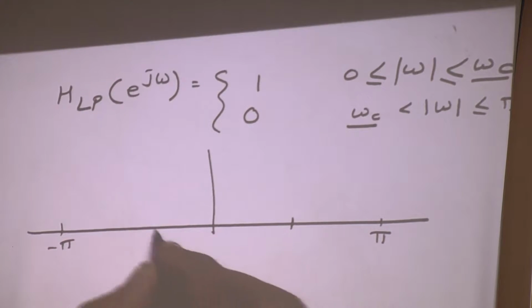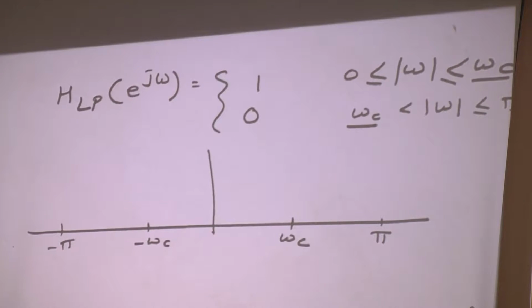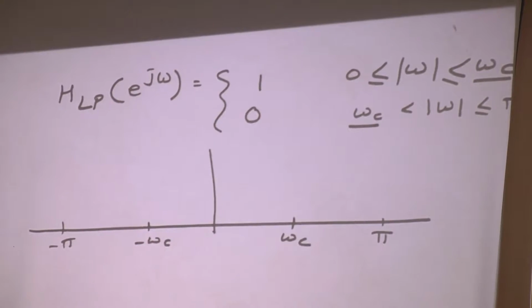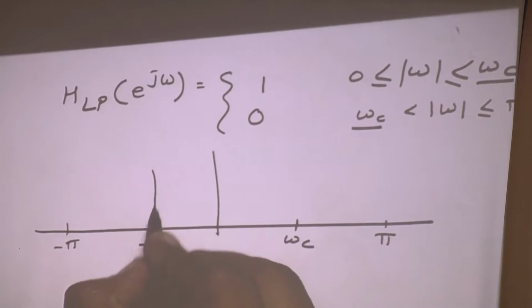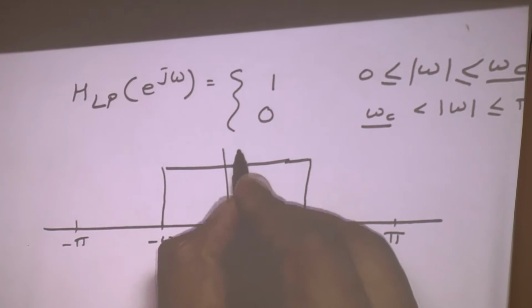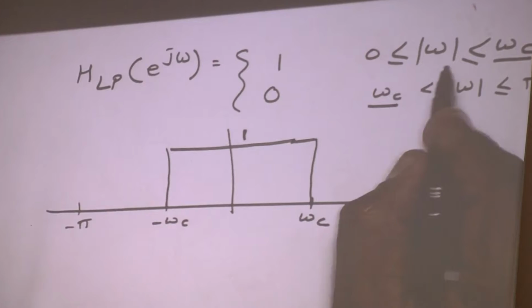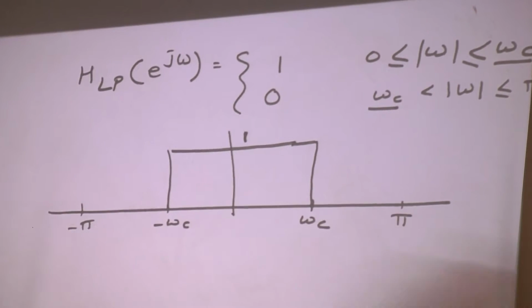So cutoff frequency minus omega c, plus omega c, and between minus omega c and plus omega c it is constant 1.